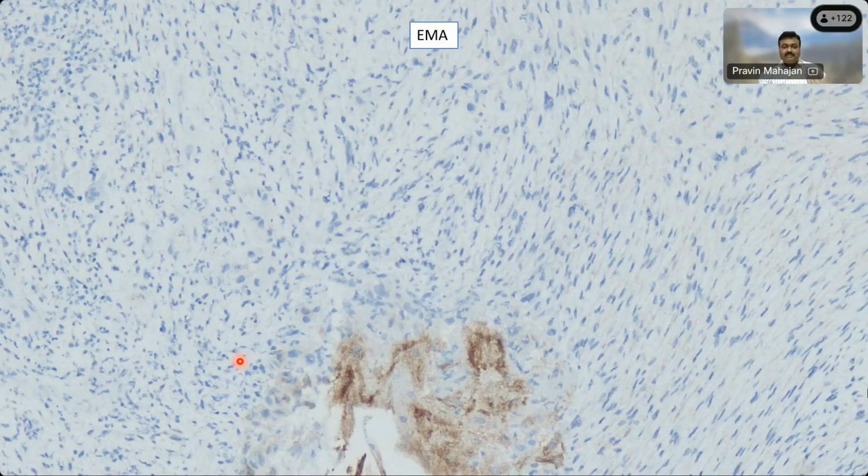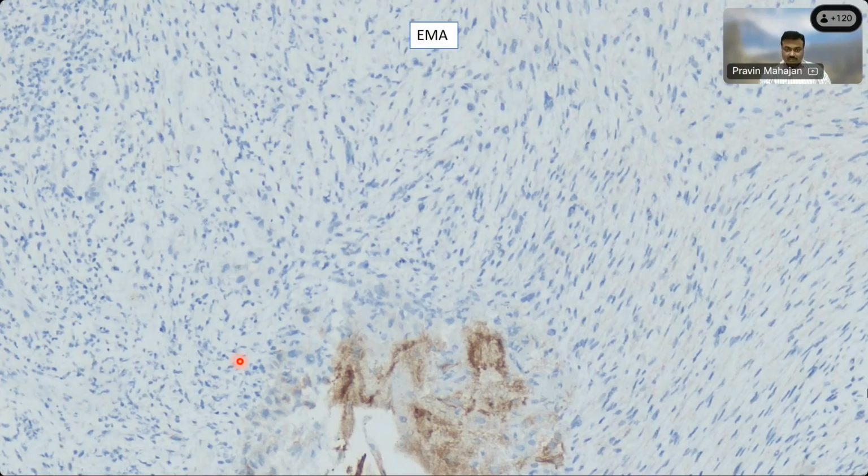Similarly, in gonads, where you are suspecting a sex cord stromal tumor, and again you get some CK positivity but EMA negativity, your differential of sex cord stromal tumor is quite right, because again these tumors will have CK positivity and EMA negativity. So this combination does help in most things.